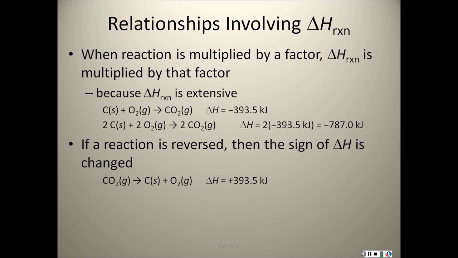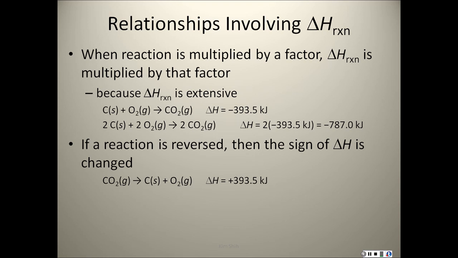So for example, if delta H for CO2 was negative 293, and let's just pretend there was a 3 in front of the CO2, it would be 3 times negative 293, or whatever number I just made up.